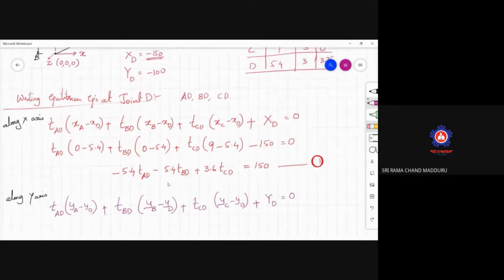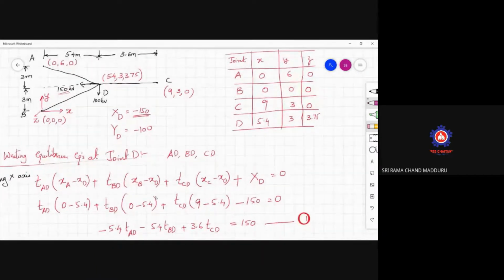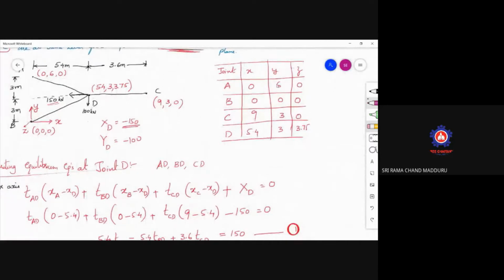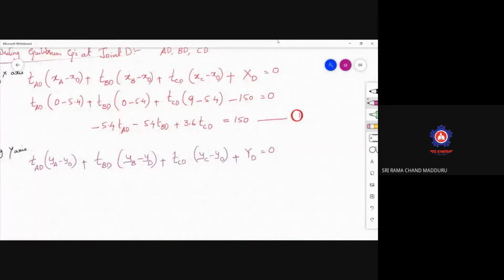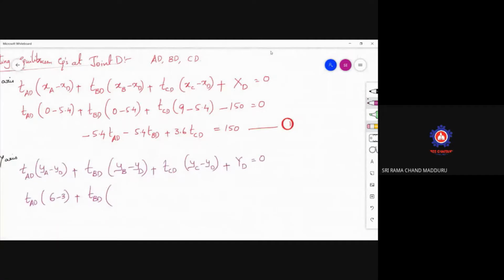Now go to the coordinates once again and substitute the values. YA is 6, YD is 3. So TAD into (6 minus 3), plus TBD into YB. YB is 0 and YD is 3, so 0 minus 3, plus TCD into YC.